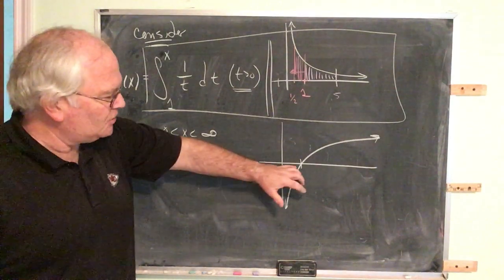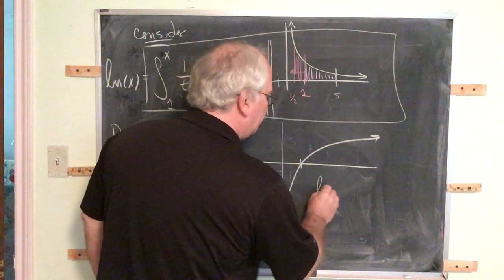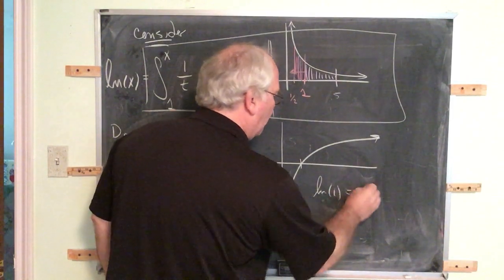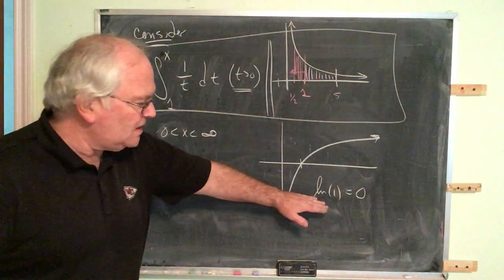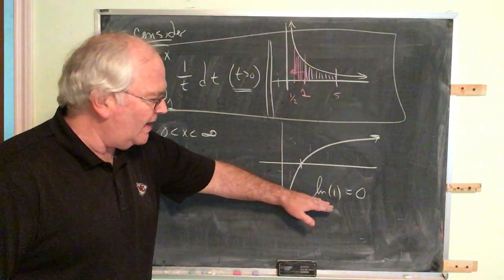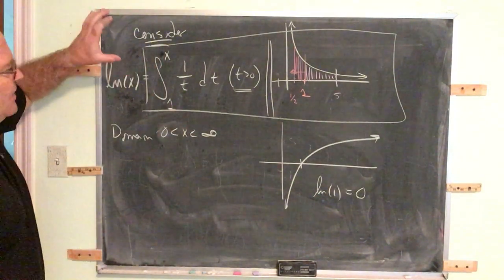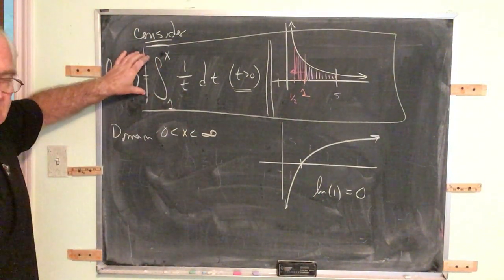What else is true of the natural log function? Well, we know if you compute on your calculator the natural log of 1, you get 0. Why is that true? The reason the natural log of 1 is equal to 0 is because that's what the calculus requires.